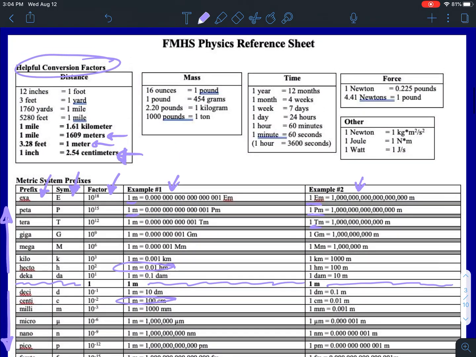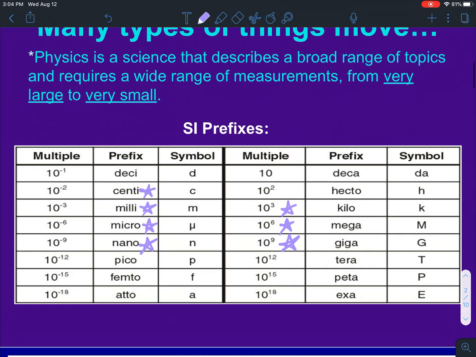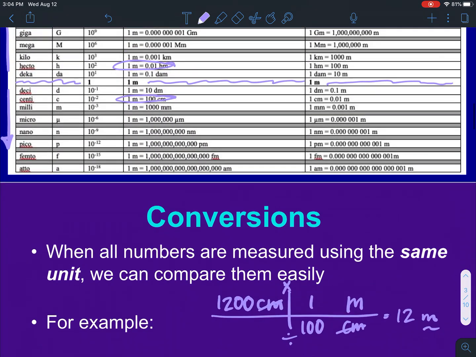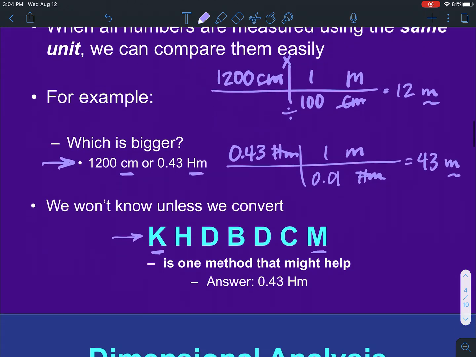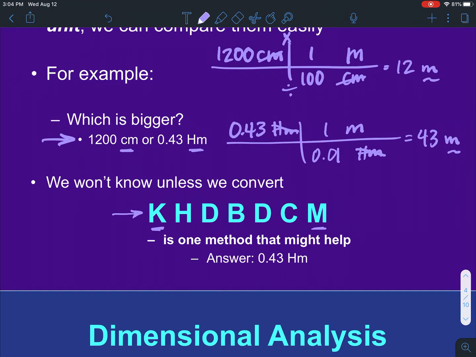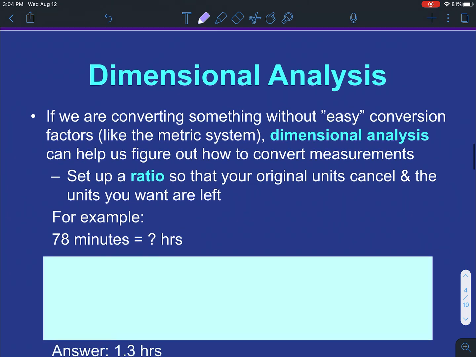And we talked about up here that we go beyond kilo, right, mega and giga, and we go beyond milli, below milli to micro and nano. So there are times when you will have to use this dimensional analysis. You won't be able to do King-Henry. So we're going to learn it now, and we're going to get really, really good at it.